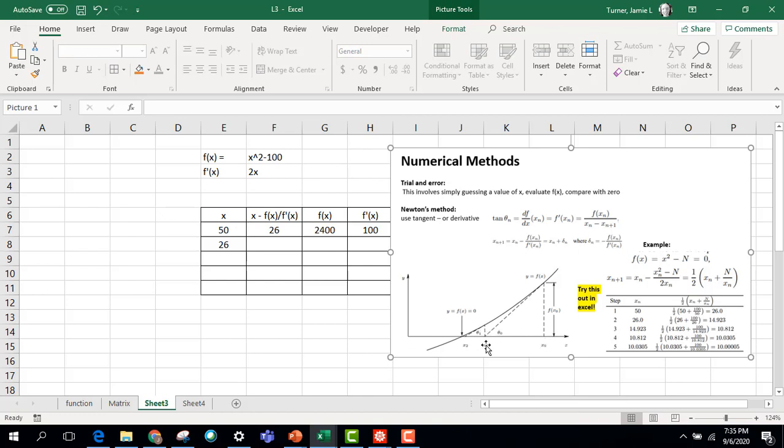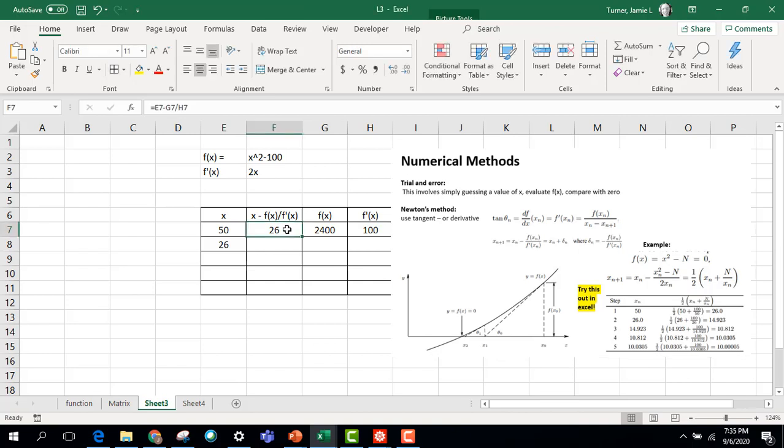But we want an appropriate jump. We don't want to overshoot it. We want to get closer and closer to that point. So the base here to our new point, our new point is going to be 26. We found this distance by using the slope, by using that angle. Tangent theta is equal to the derivative. It's equal to rise over run. It's the slope of that line.